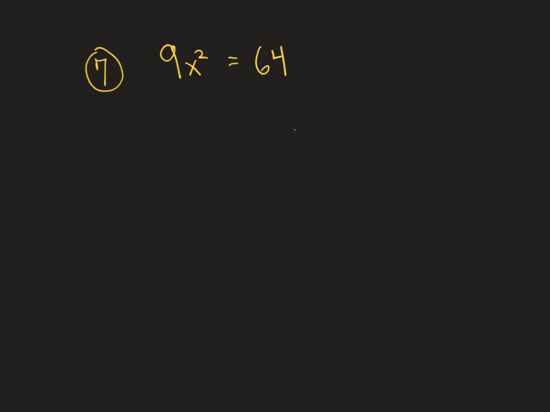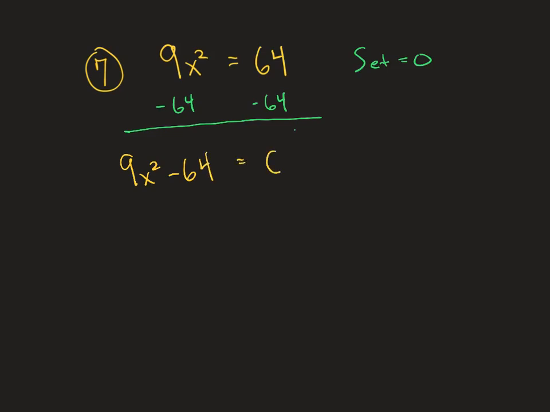Number 7, 9x squared equals 64. Start out setting it equal to 0. We want to move that 64 to the 9x squared side. So subtract that, and then we've got 9x squared minus 64 equals 0 on the right side.